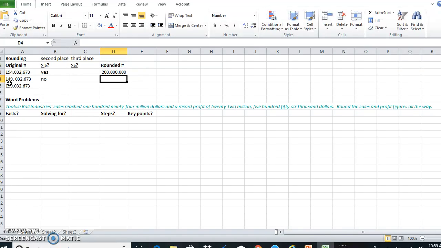And again, we're not looking at the third place, because right now we're just concentrating on 100 million. We're rounding to the closest 100 million. So we are not rounding up the 1. So 149,032,673 rounded to the closest 100 million is 100 million.